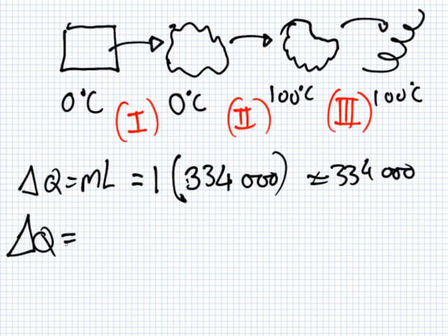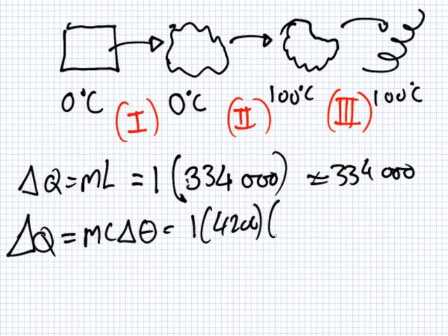1 kg, mc delta theta. 4200 and the delta theta is 100. So the answer is 420,000 joules. And why did you use another formula in the second step? In the middle step, it's still liquid. It's just like last time.